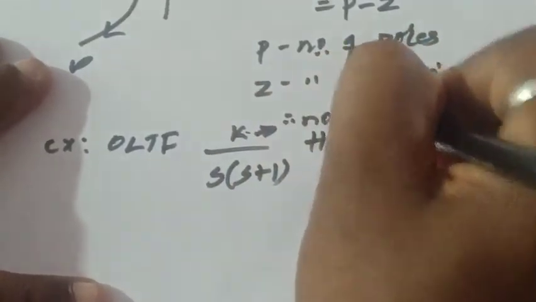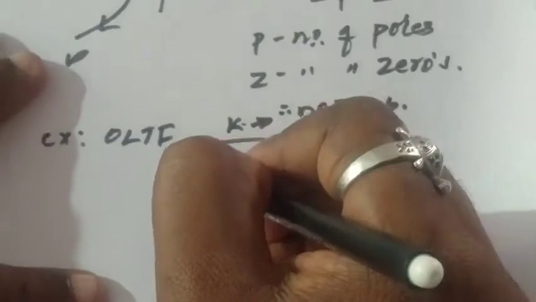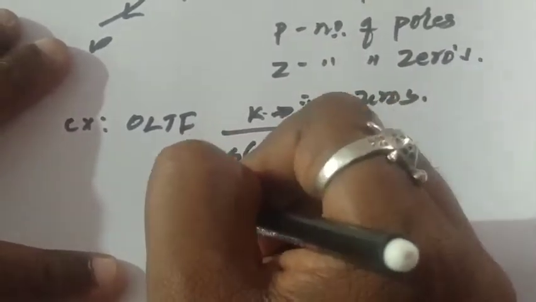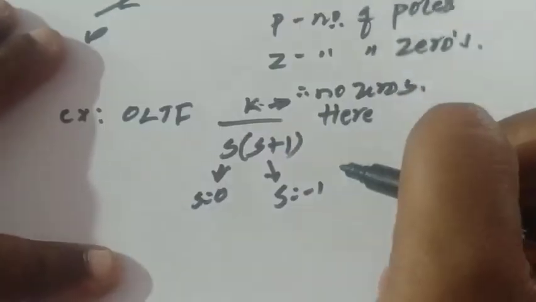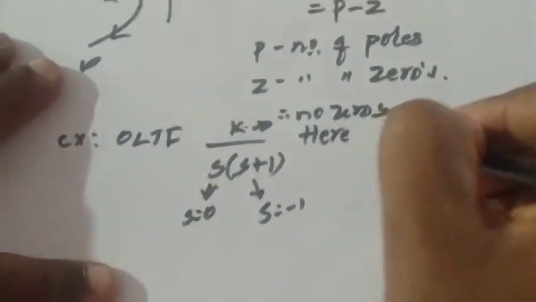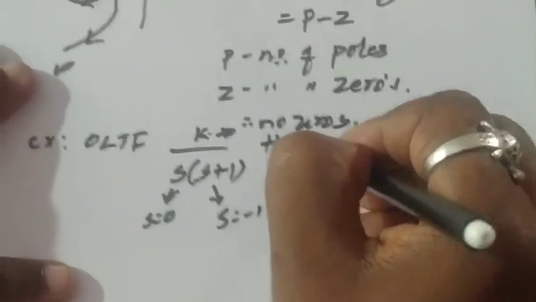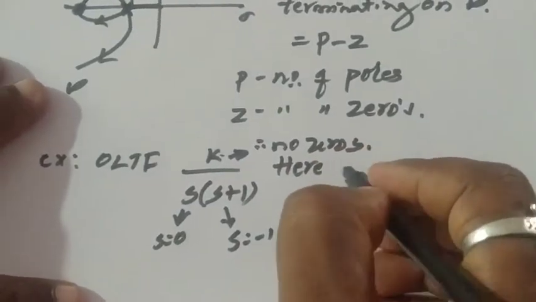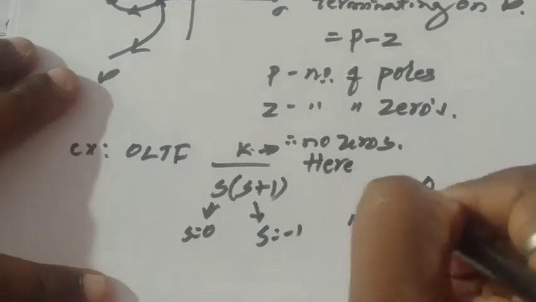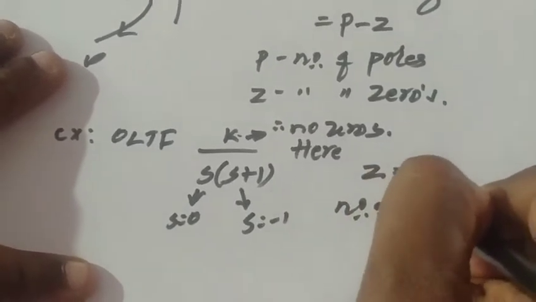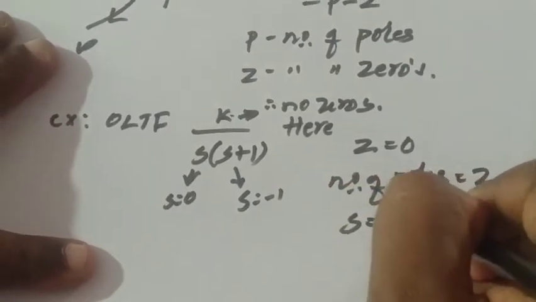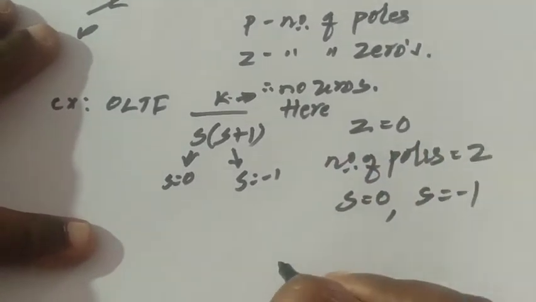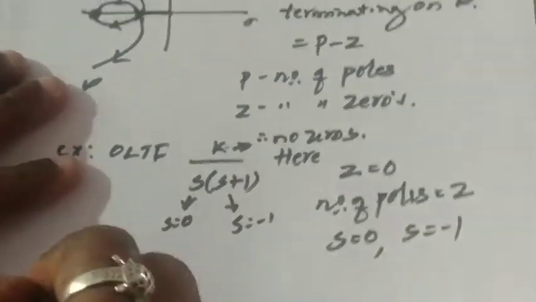In the denominator, s is equal to 0 is one pole and s is equal to minus 1 is another pole. So therefore, here the number of zeros is 0, Z is equal to 0. The number of poles is 2, that is s equal to 0 and s equal to minus 1.